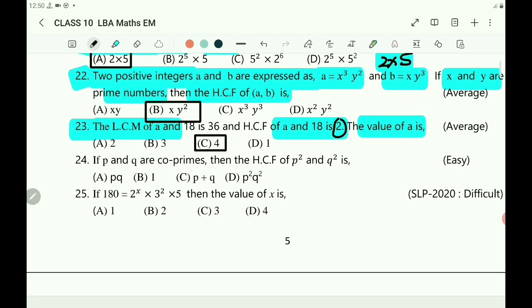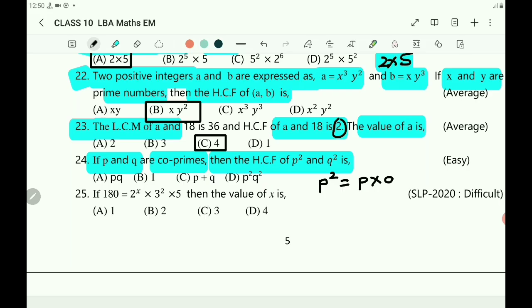Again question number 24. If P and Q are co-primes, then the HCF of P square and Q square. Here P square is equals to what?